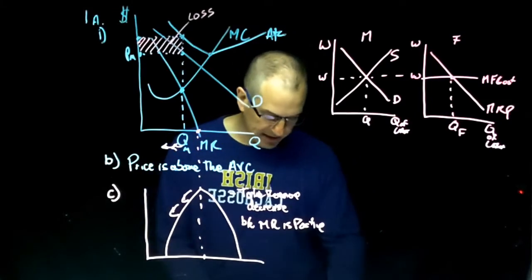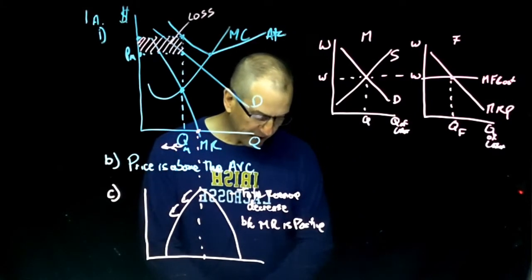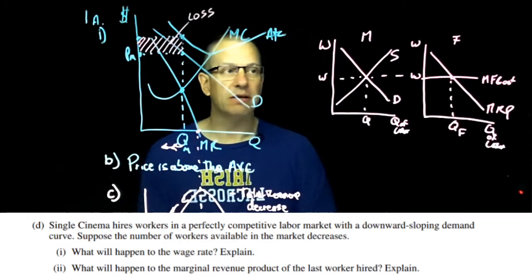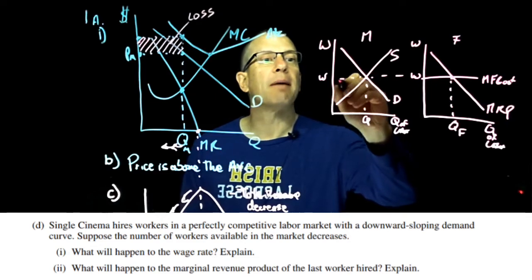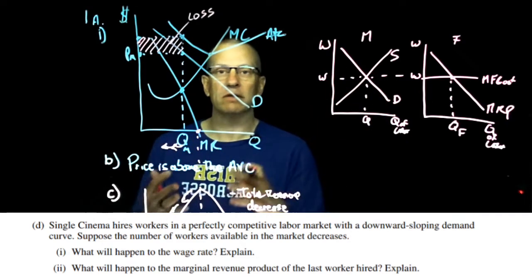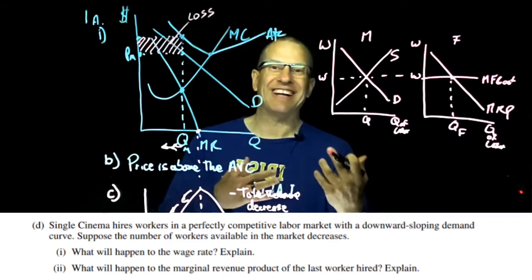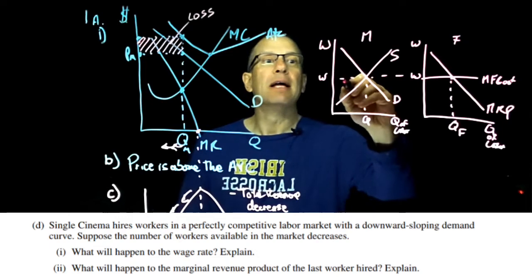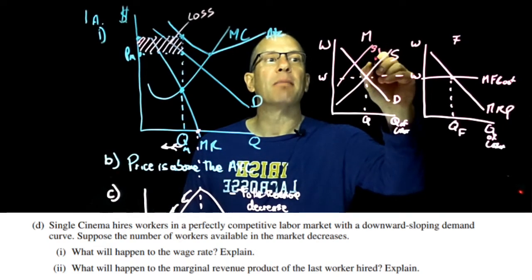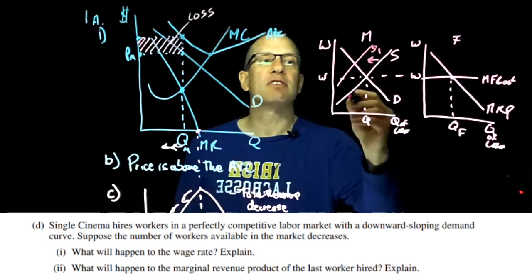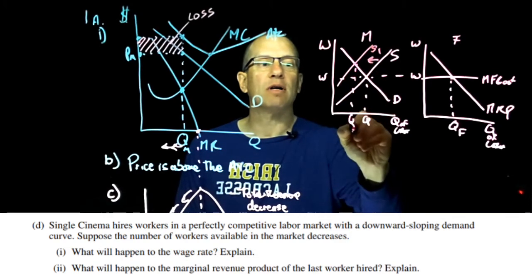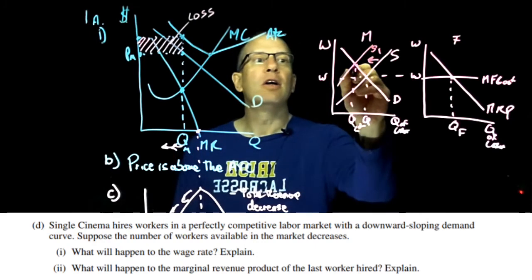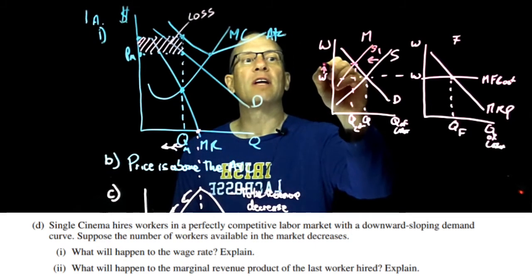Now, what they're saying is that suppose the number of workers available in the market decreases. A few things are going to happen here. The amount of workers in the labor market is decreasing for whatever reason. People are moving out of town or whatever it happens to be. That is going to affect the supply of labor, so the supply of labor shifts, meaning the quantity of workers decreases. Less people out there, they become more valuable. The wage is going to increase here.